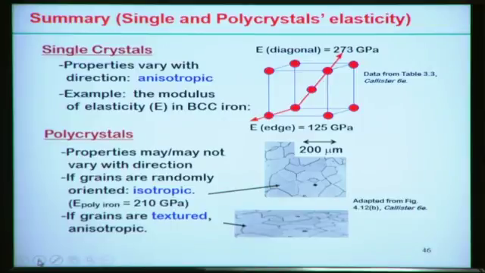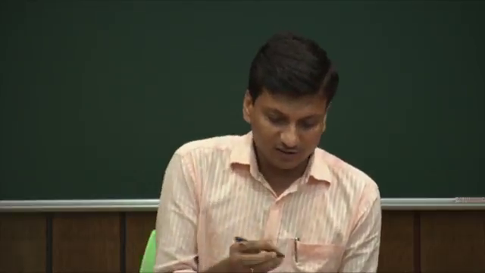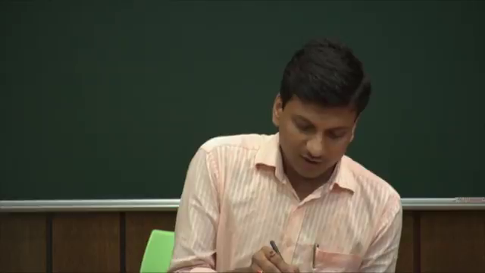But if we look into a polycrystalline material, properties may vary within each grain, but if we consider the aggregate, that means several crystals together, we can average out all these properties. In this case, the properties can be isotropic. But if the grains are textured, then we find anisotropic properties.